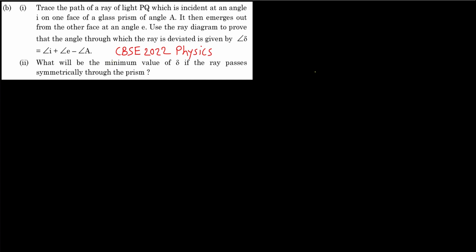So let's draw the diagram of the question first. We will draw a prism. Okay, and suppose our light ray, this is the light ray PQ which is incident at one face of the prism. This is P, this is Q, and we will now draw the normal at this point of incidence.